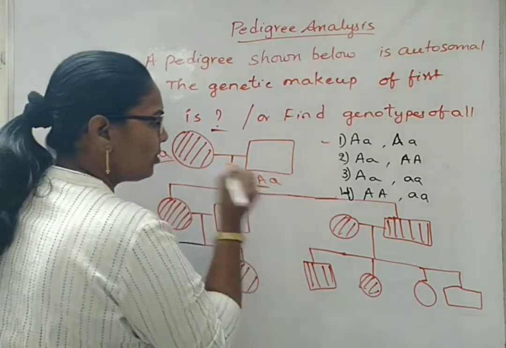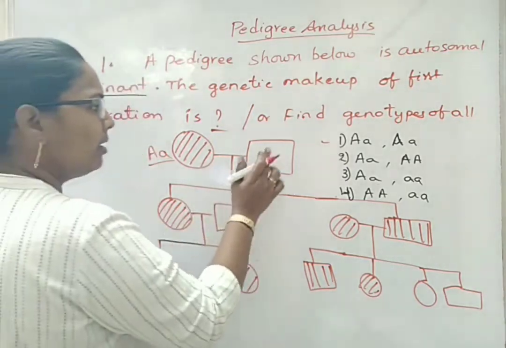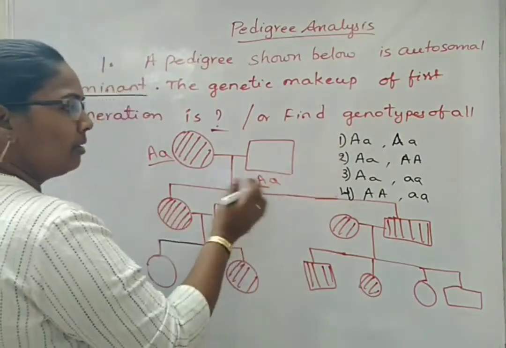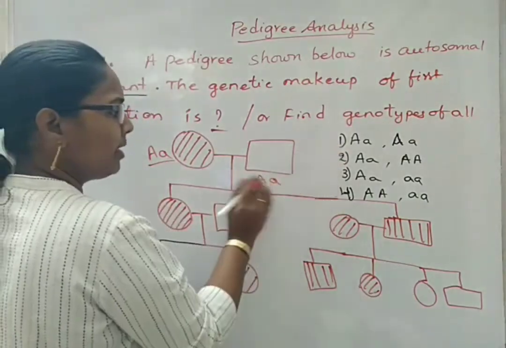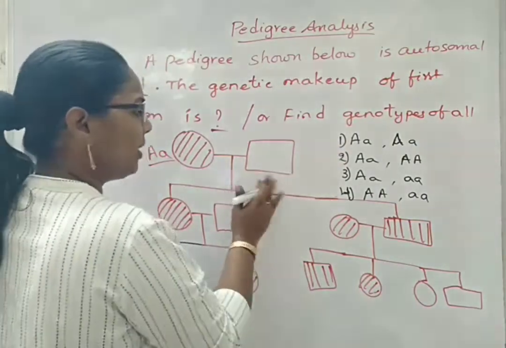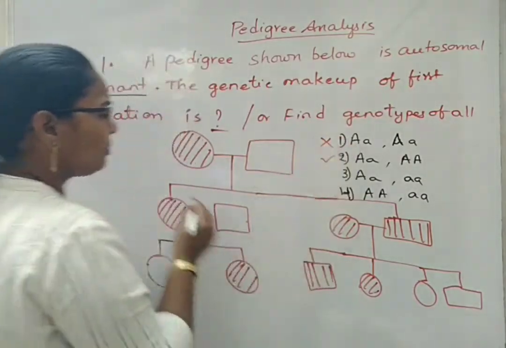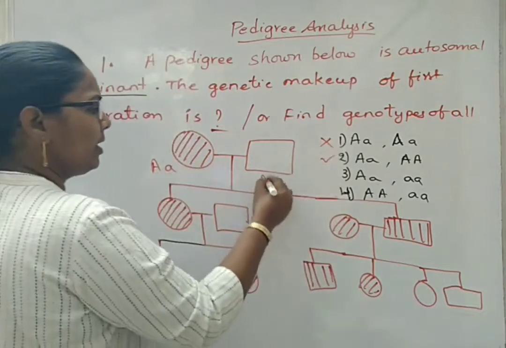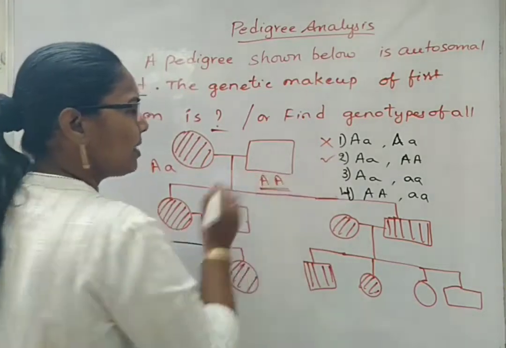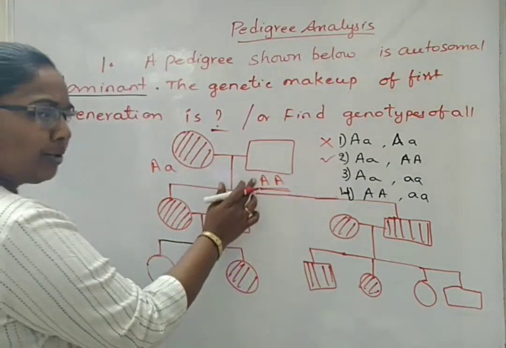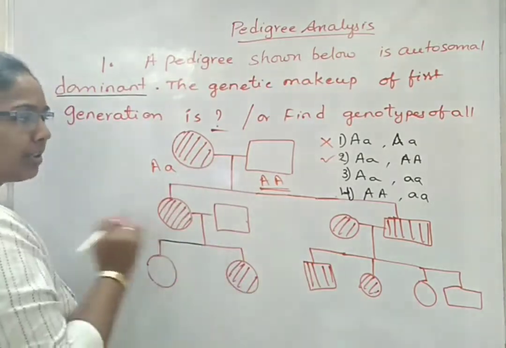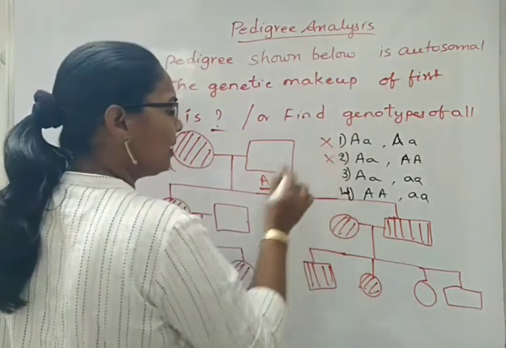If so, then the male also should express the disease, but it is not the condition. The male is given as normal in the chart, so it can't be. Go for the second option, the same condition. If the male has both dominant alleles, then he should express the disease, but the chart is not given so. So it also can't be the option.